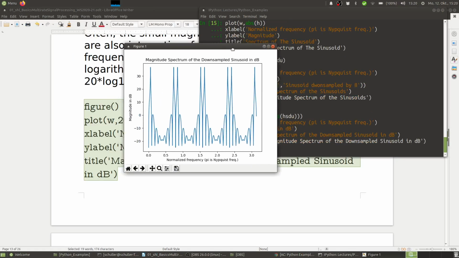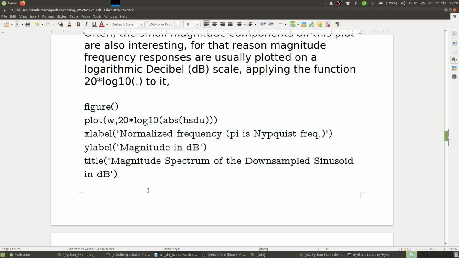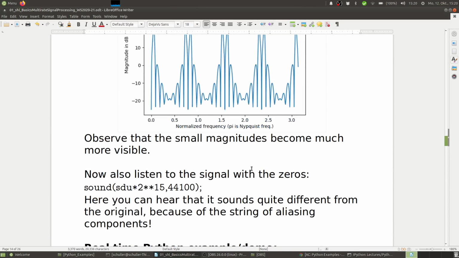And now you can see the same, but on the logarithmic scale. So you can see the peaks, and now you can also see all those little ripples here, which before we didn't really see. And as I mentioned, they are actually artifacts from applying a limited finite length DTFT or DFT to the signal. Yeah, so this is the result.